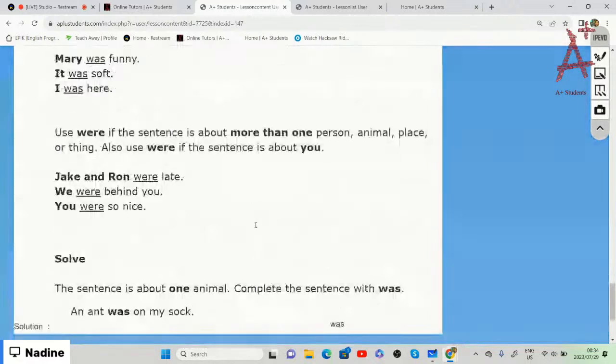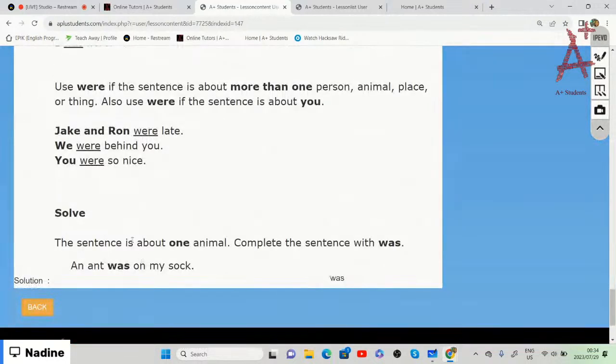In this case, it is in the past, so we can say an ant was on my sock. And remember, some words are in the present, some words are in the past, right? But we need to know which word to use correctly or properly within certain sentences.